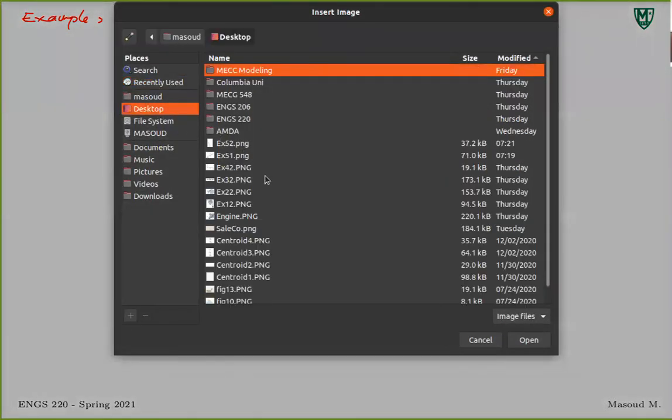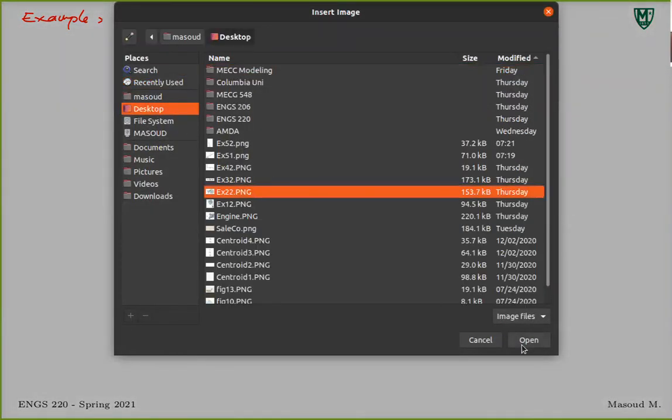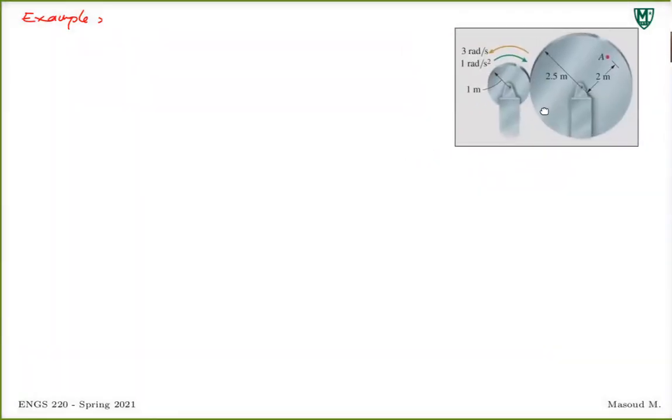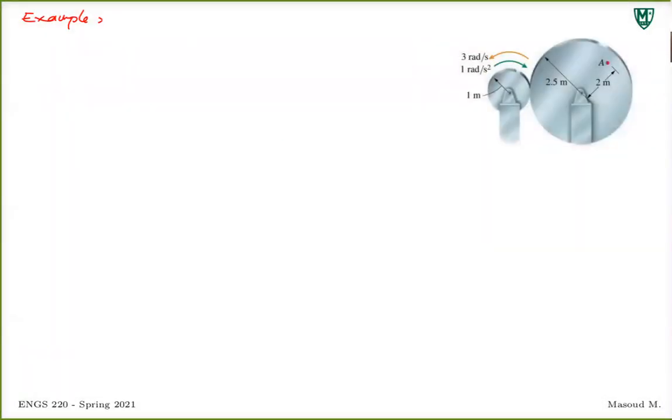Let's look at this example. I think it's 2.2. Relatively straightforward, just again to solidify what we have learned for rotation about the fixed axis, right? We have two gears.